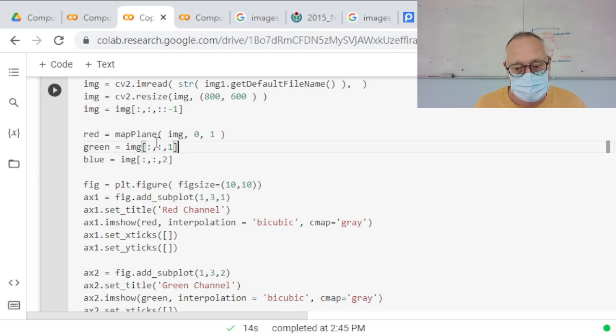Then I can extract the various planes, the red plane, the green plane, and the blue plane, and then we're just going to show them.